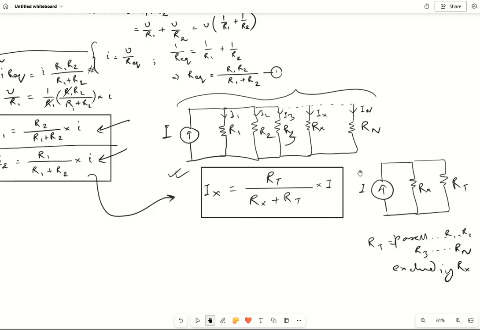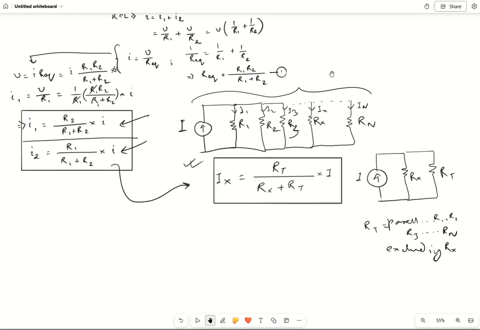So we can use this formula for solving any circuit. Whenever we are considering this type of equations, that is CDR, the current division rule, we have to first minimize the circuit into this format, and then we can directly apply it and determine the current. For example, suppose you want to determine the current across the other branch, then it will be Rx divided by Rx plus RT into I. Okay, so I hope you have understood.